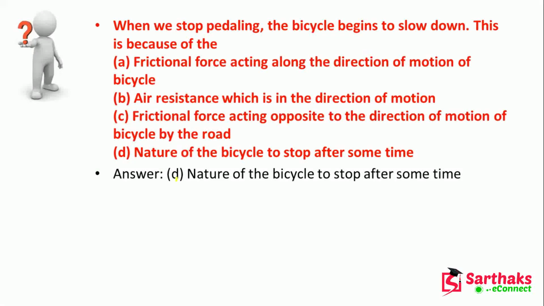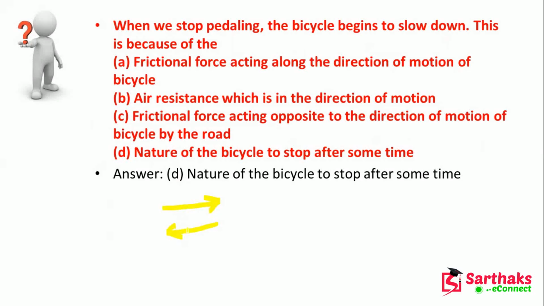Now, when we stop pedalling, the bicycle begins to slow down. And this is because of, the first one, the frictional force acting along the direction of motion of the bicycle. That means suppose the bicycle is moving in this direction, then there will always be some frictional force in this direction, which resists the bicycle's tire.